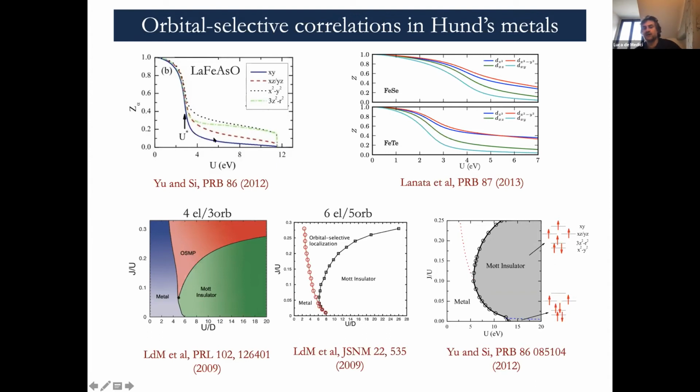You get a very heavy fermionic particle, but not a clear localization that can then happen further on, but the onset of selectivity is what is universal. Here it is just the simplicity of the model that makes it coincide sharply with an orbital selective Mott transition.